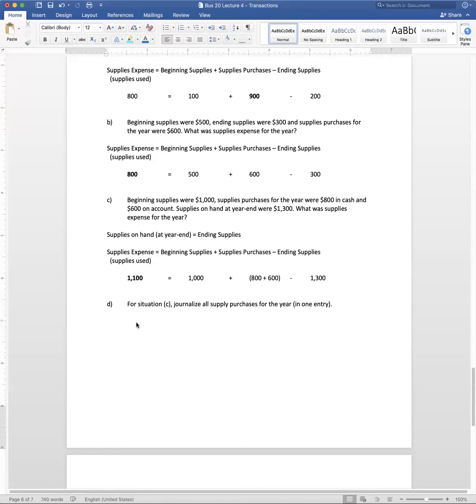Now, how did we purchase those supplies? Well, we purchased $800 in cash. So that means we're paying $800 cash. Cash is going to be credited for $800. We also purchased $600 on account. That means we're using accounts payable. So we're going to credit accounts payable by $600.